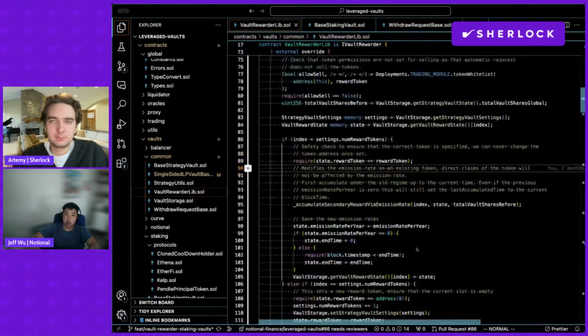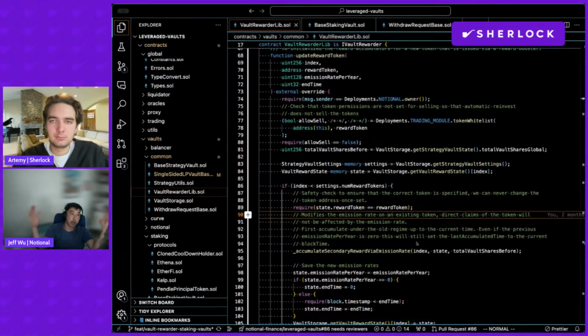Then going down here, the way this is structured is there's an array of whitelisted reward tokens. So the governance contract is going to come in and say, I'm going to update the 0 index, I'm going to update the 1 index, or whatever. Now, if the 1 index is the length, then it's going to push into that array.